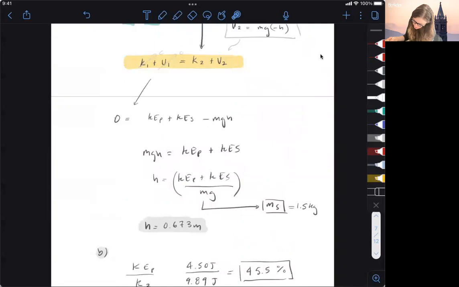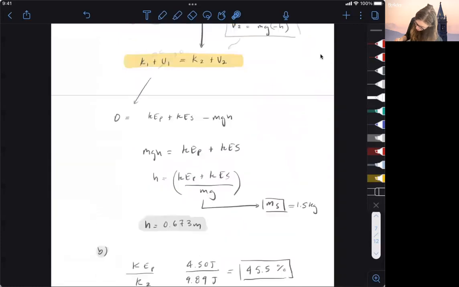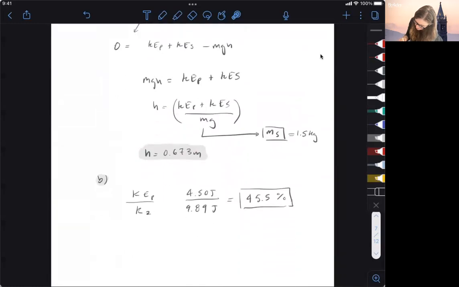Okay, so then we plugged everything in, we solved, we used our mass of the stone for the change in height because that's what changed in height, and then we found the height. Then at the end, we found our ratio of the pulley to the total kinetic energy, because that's all it asked us. It could also ask us how much energy the pulley has in relation to the full system, right? But in this case, they just asked us for the ratio of kinetic energy, and that was 45.5%.